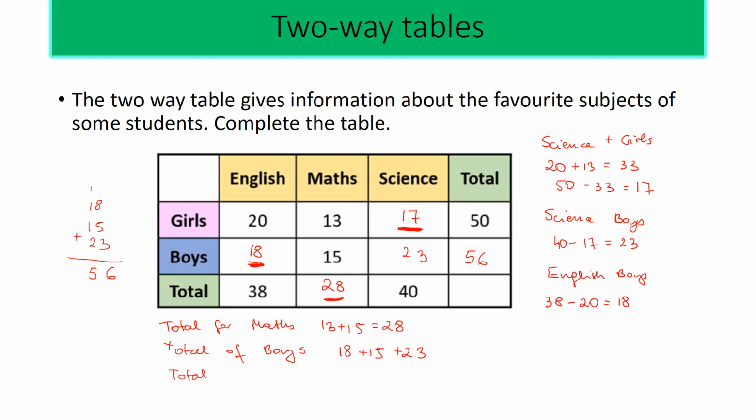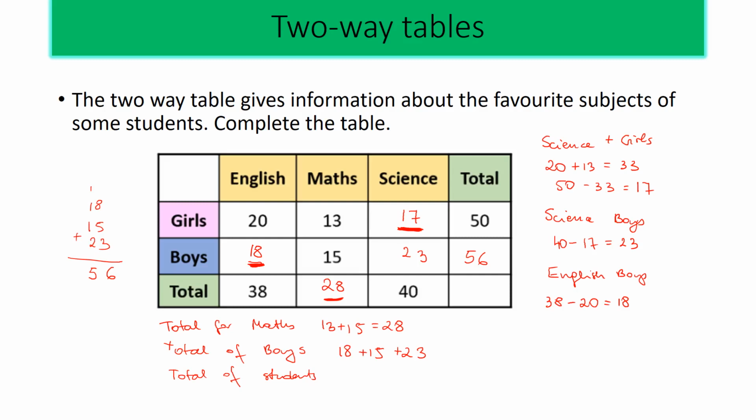Now we want to work out the total of all the students, so that is boys and girls together, and there are two ways you can do it. You could either add boys and girls together, or you can add all the students who like particular subjects. So I can either do 50 plus 56 or 38 plus 28 plus 40, and you must get the same answer.